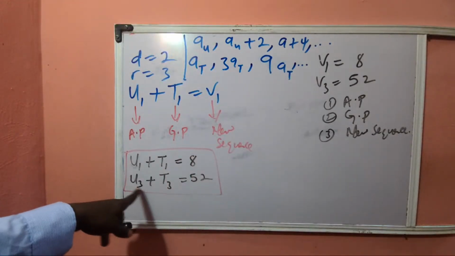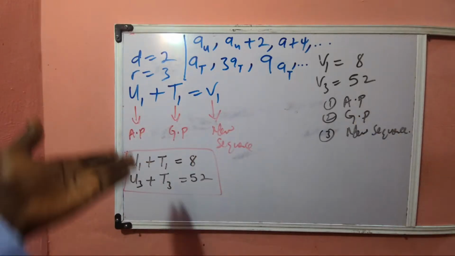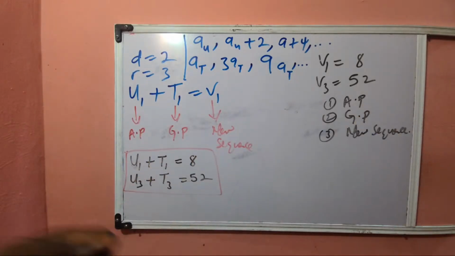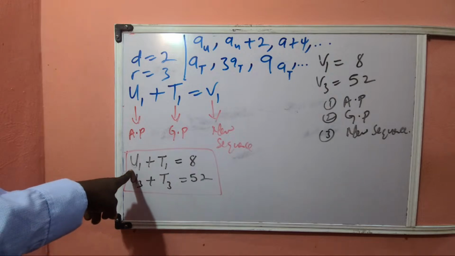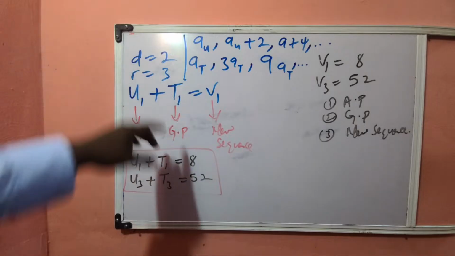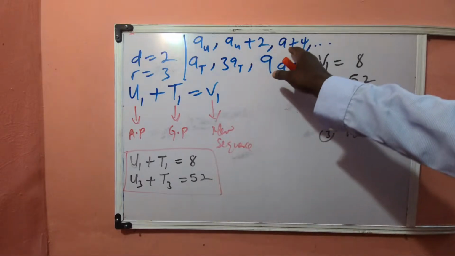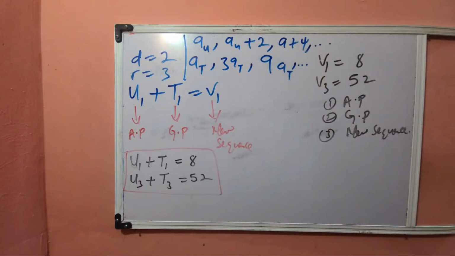So instead of writing U3, because for me to be able to find the AP or the GP, I need my first term, I need my common ratio. That's going to give me my answer. So if I know my first term, I know my A, and I know my D and my R, then I need to know my A. So to get my A, I need to make use of these particular expressions using the real values rather than just writing U1 or U3. So that's what I want to try and use.